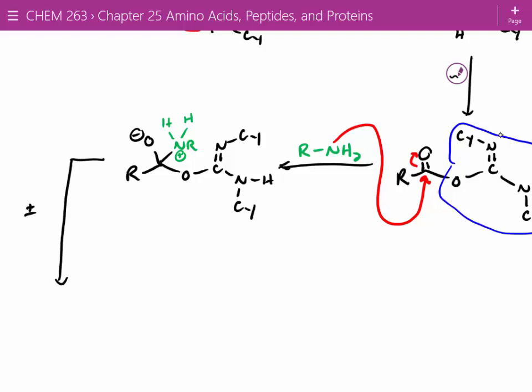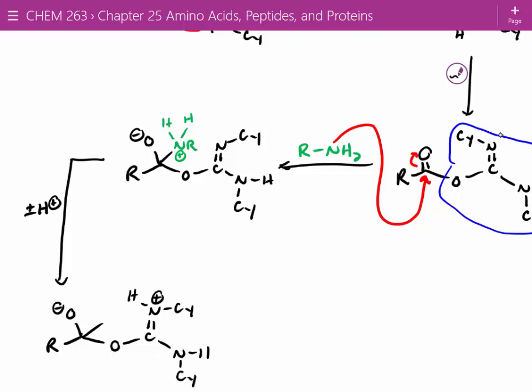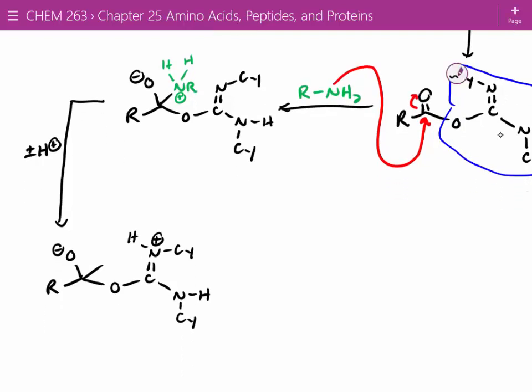So I'm going to write plus or minus H plus, just to indicate a proton transfer. Okay, so let me add in our amine. Okay, now we're ready to kick off our leaving group.